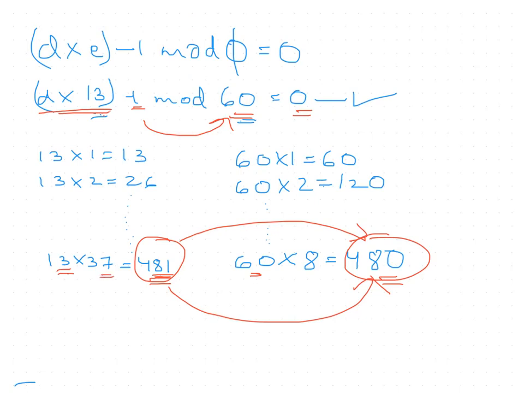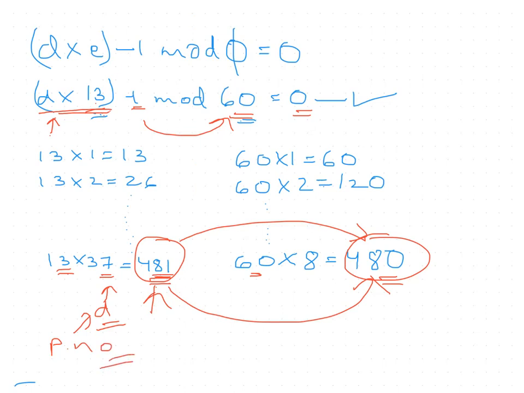So 13 into something gave me this number 481. So over here also I needed E into D as a number which is 1 greater, which implies that D is equivalent to 37, right? A simpler hint to keep in mind is that D is, in most cases, going to be a prime number.